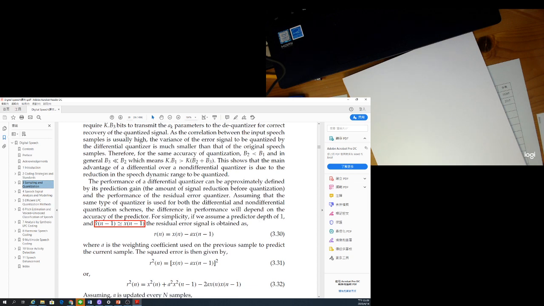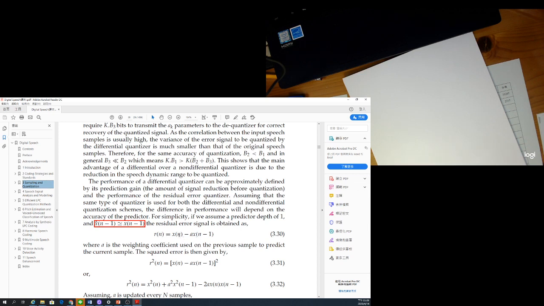And we also assume the quantized signal could be close to the original signal, so we can find the residual signal. We assume this to make it easy.